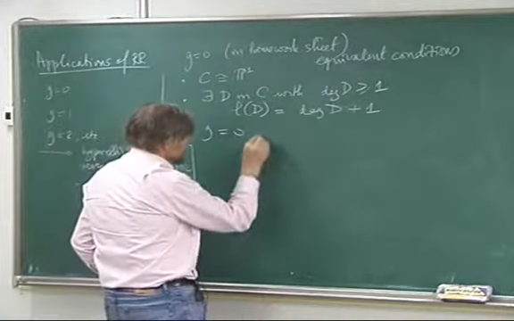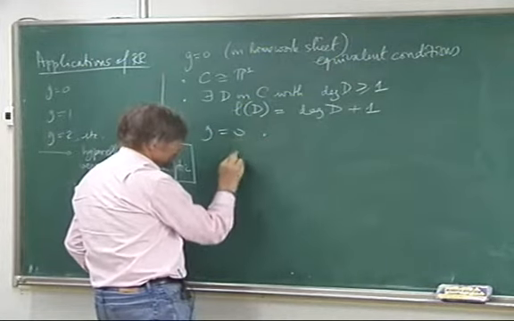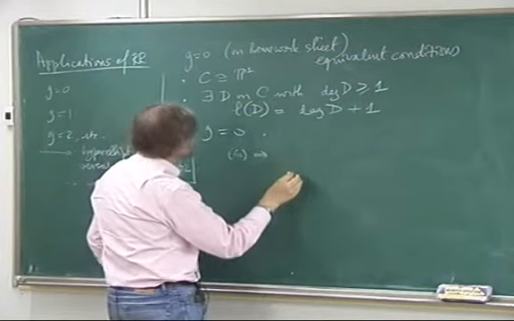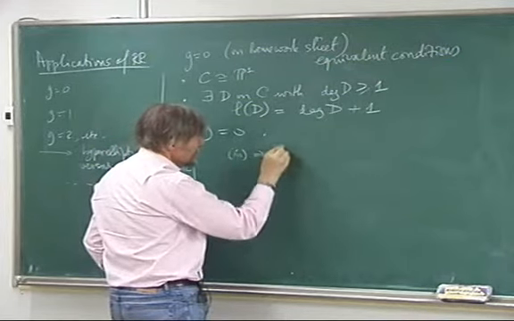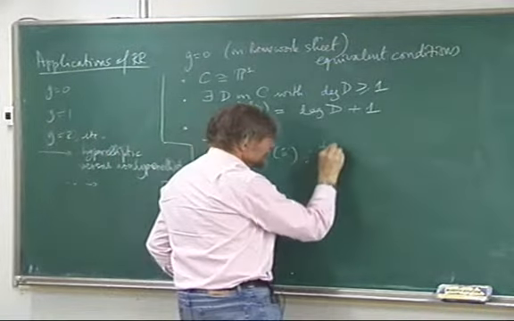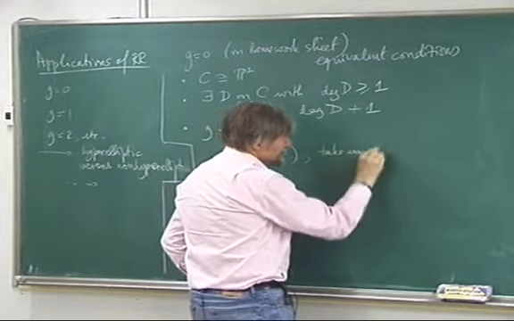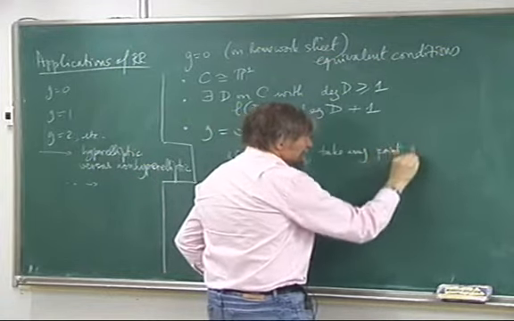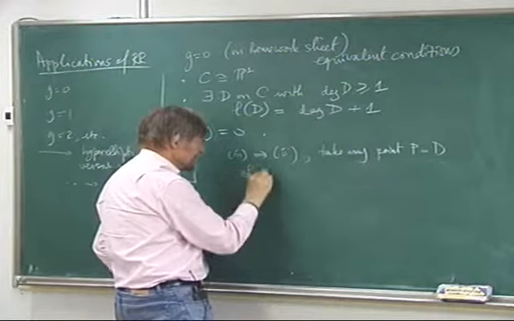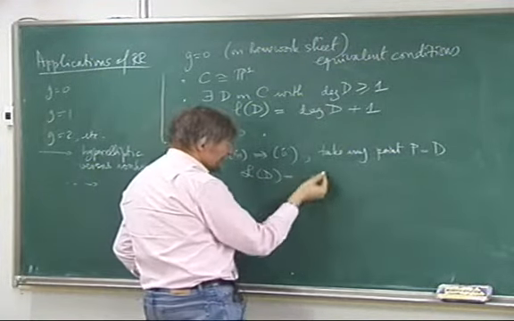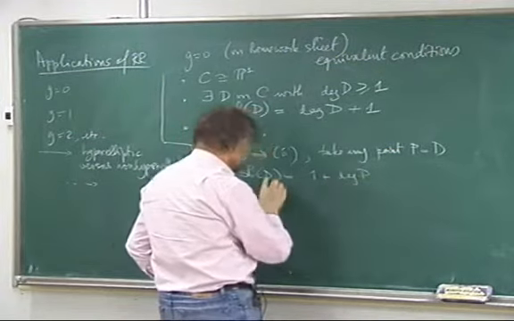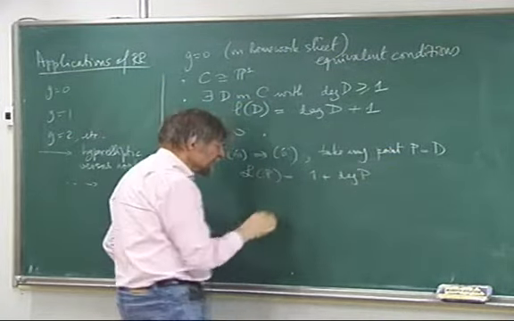So if you just think about this, the condition 3 here certainly implies 2, because just take any point P equals D, and then I'm going to have L of D equals, by Riemann-Roch, 1 plus degree of P.